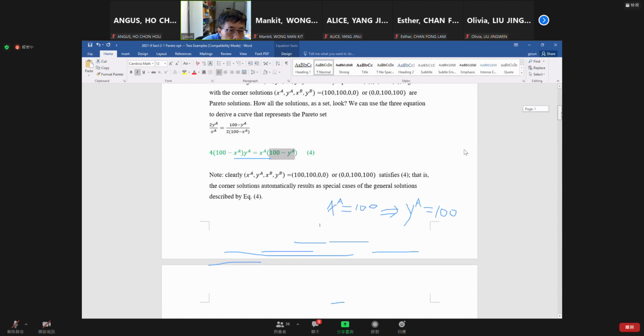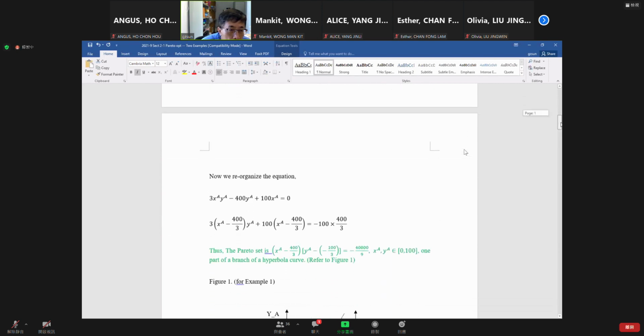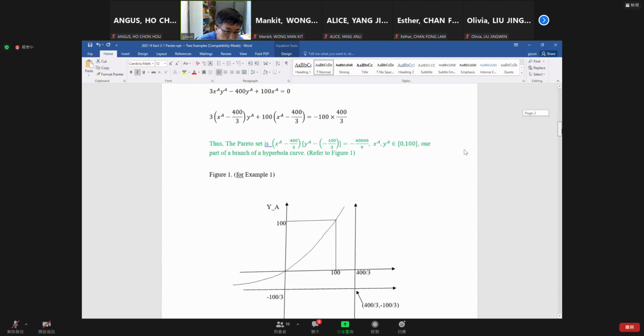And now it's still very difficult to understand how the curve looks, how the curve really looks like. Let's organize. Eventually, we can draw this curve.